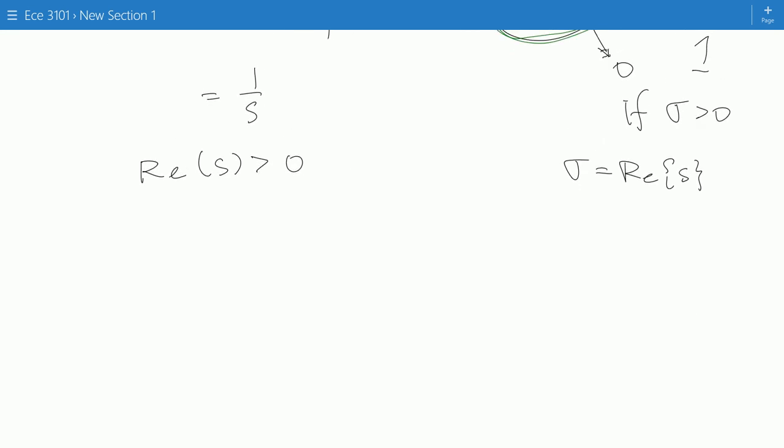Okay, so let's move on. Now from this whole thing we have seen, if we want to find something of interest, the region of convergence is something we specifically want when doing this Laplace transform more rigorously.